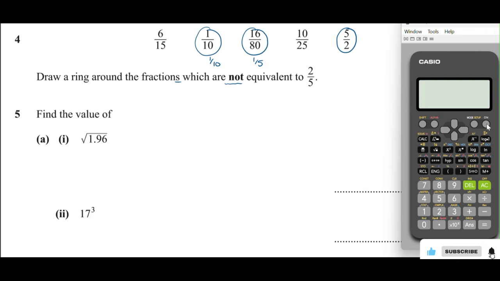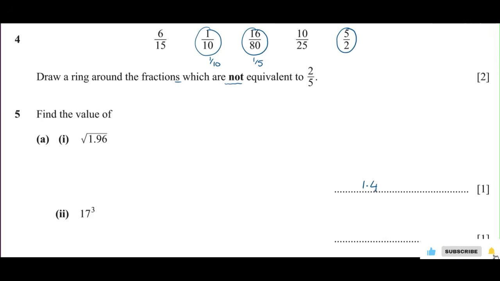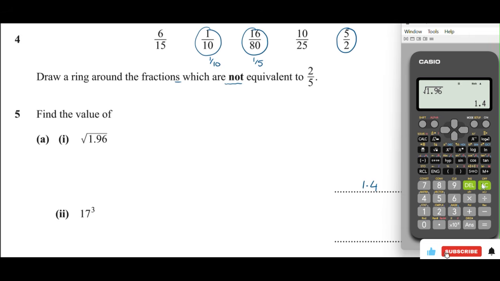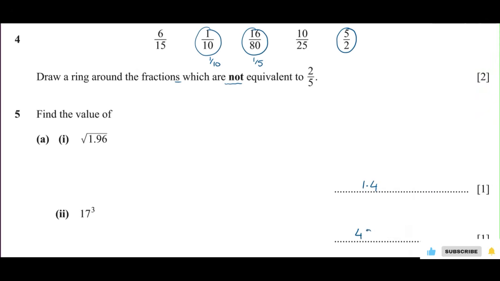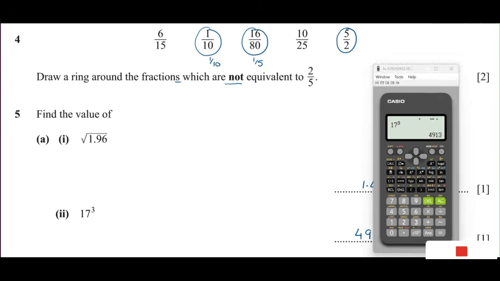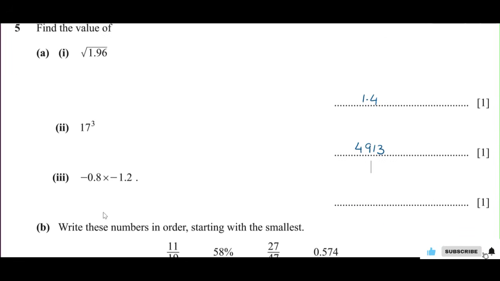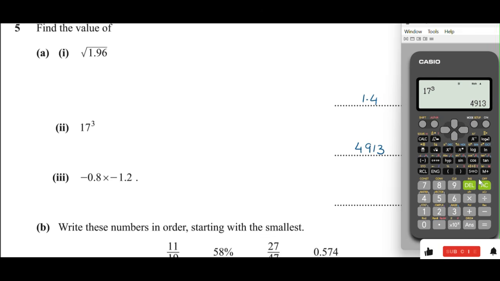So here we can say the square root of 1.96 is 1.4. Now the second part of A is 17 cubed. So 17 to the power 3 would be 4913. Now for the third part, we need to again use a calculator and simplify.